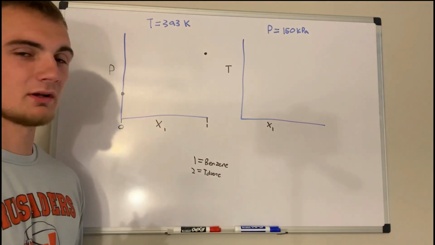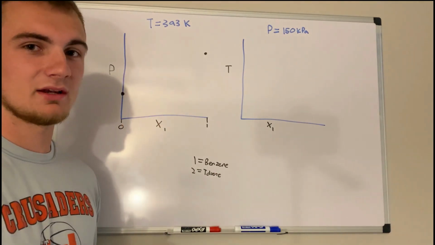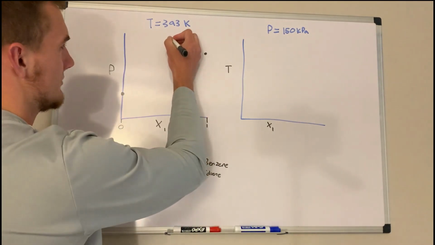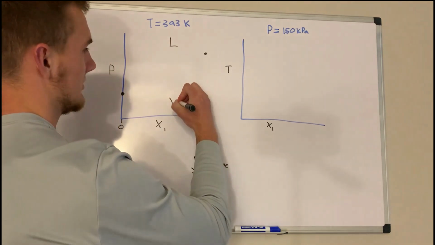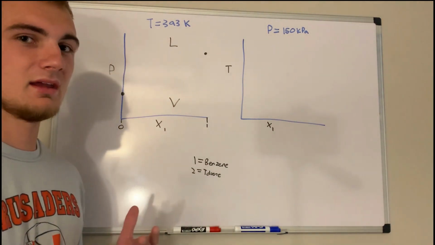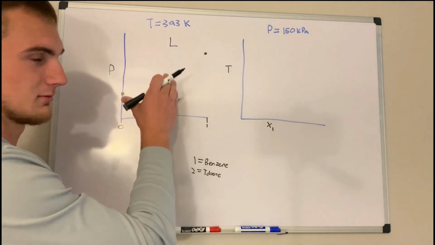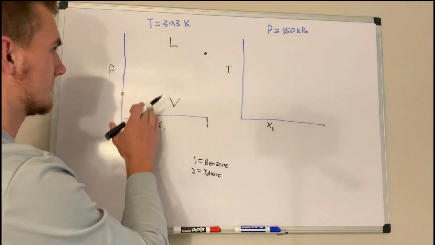Now we're going to have two curves on this plot. We're going to have the liquid on the top and the vapor on the bottom. This makes sense because if we condense, we're going to form a liquid if we raise the pressure.